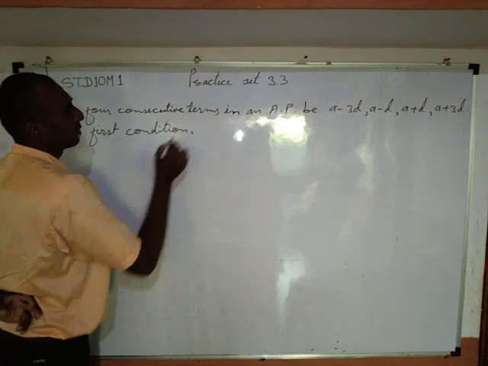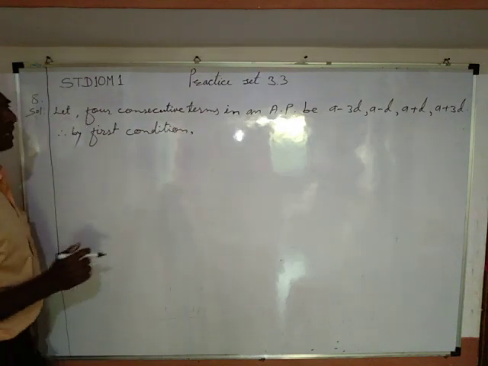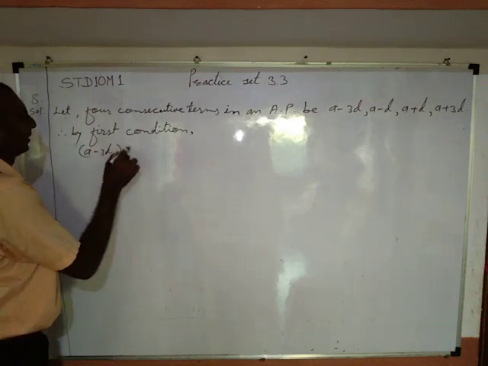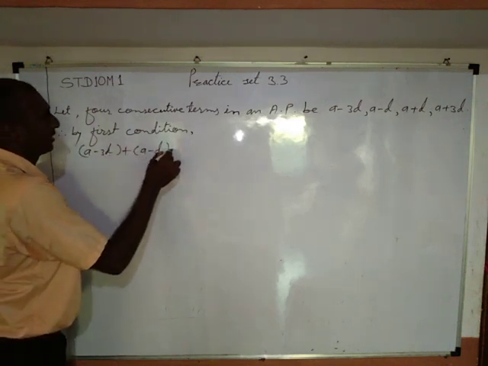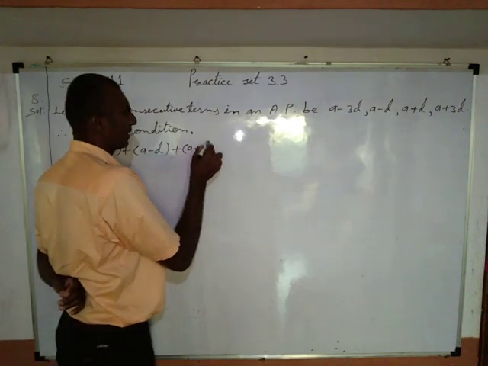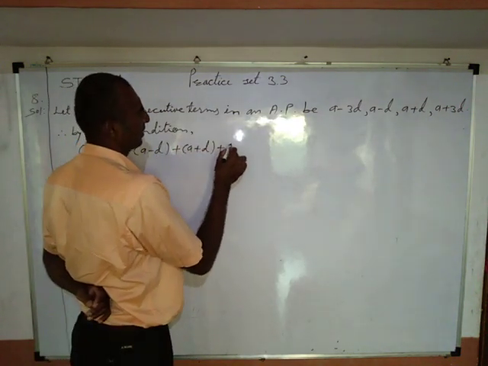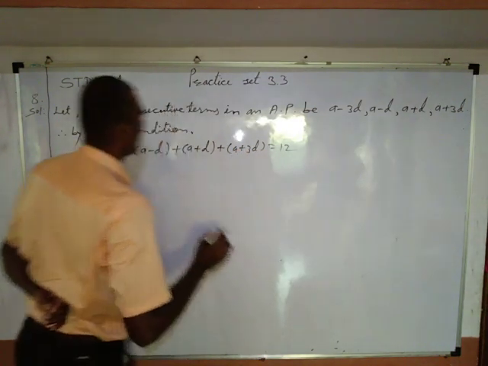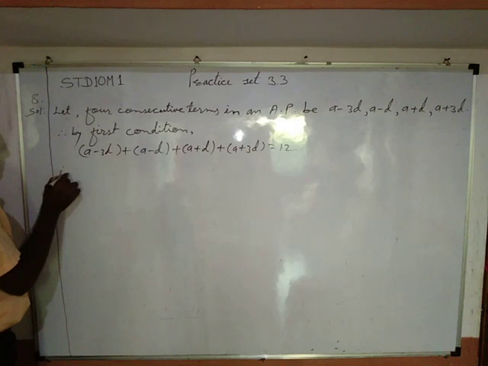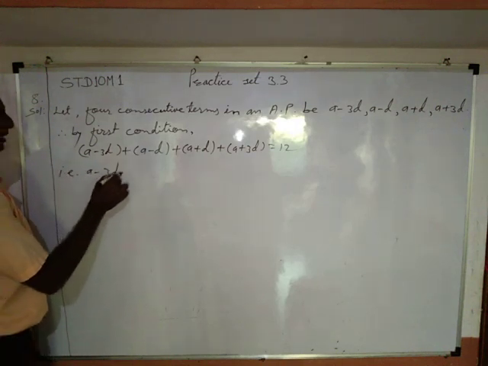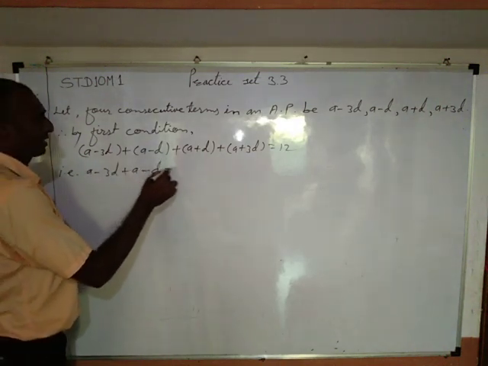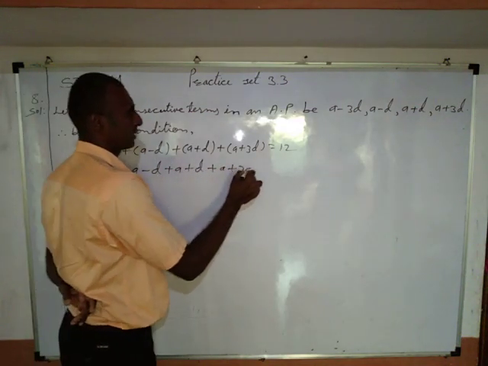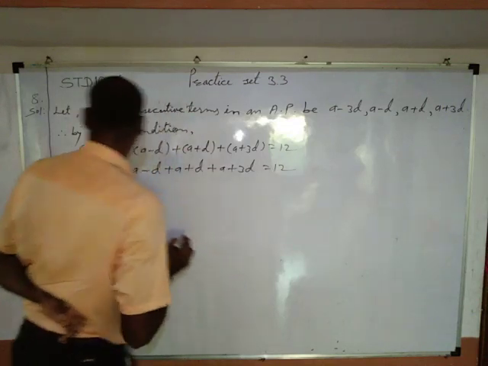Sum of these 4 consecutive terms is 12, means A minus 3D plus A minus D plus A plus D plus A plus 3D equals 12.